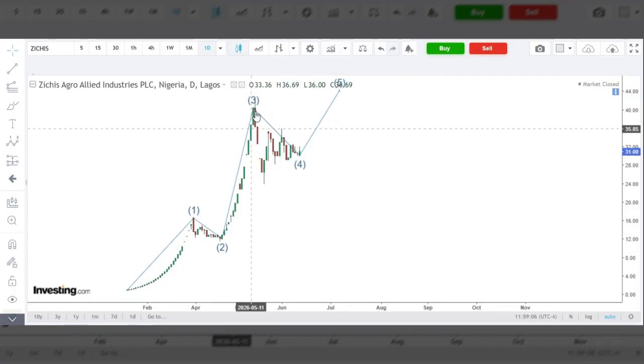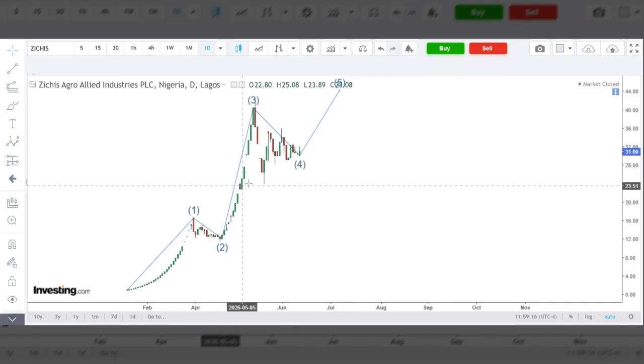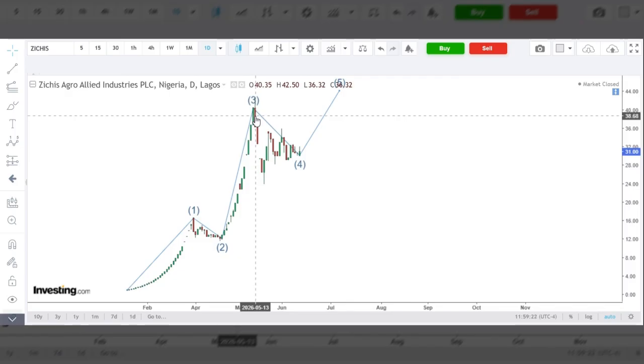Now, if you're looking for a buying opportunity here, you use what I'm seeing here. The way I'm looking at this market, this correction in wave 4 looks like a triangular correction, and a WXY. This is why I call this market textbook Elliott wave, because it follows all the rules that are in the Elliott wave rule book or Elliott wave theory.